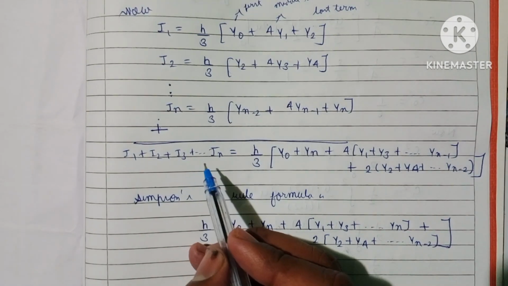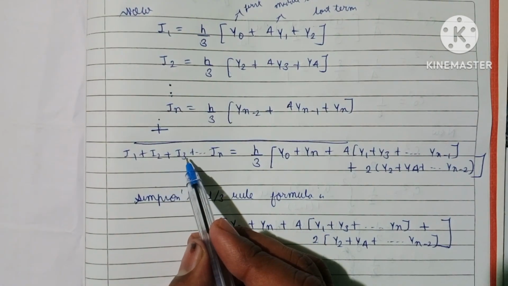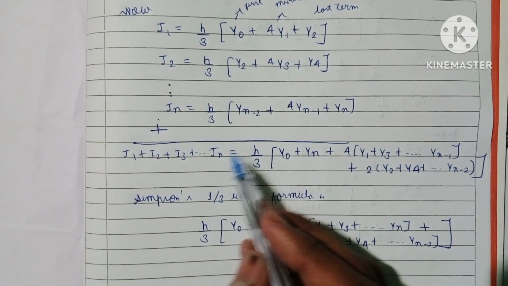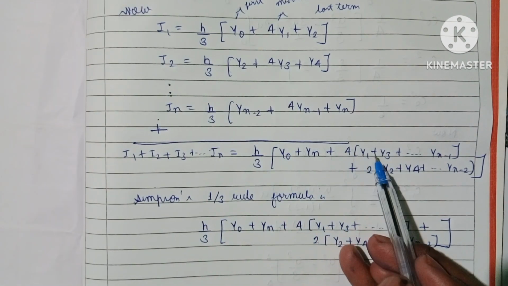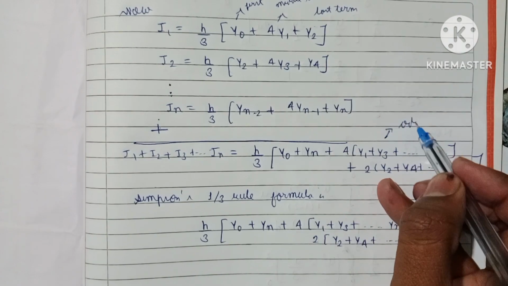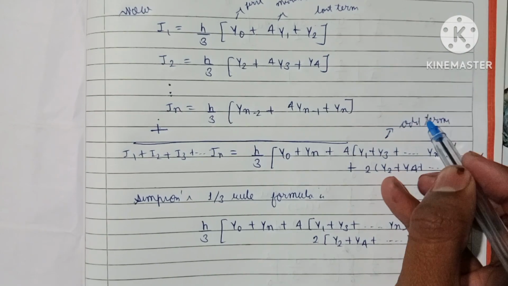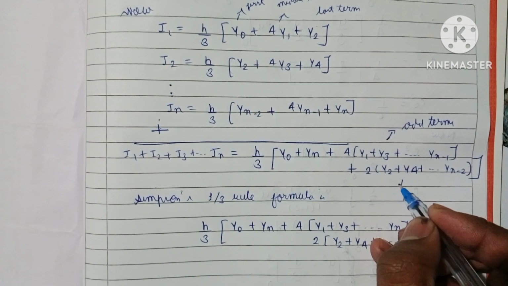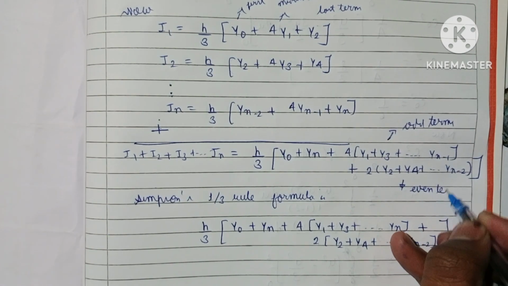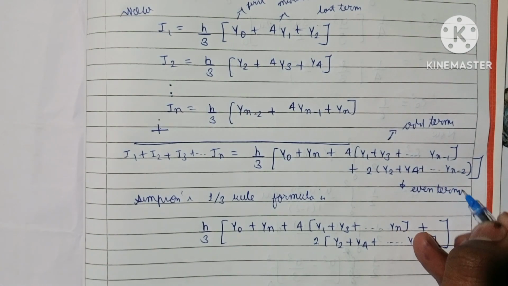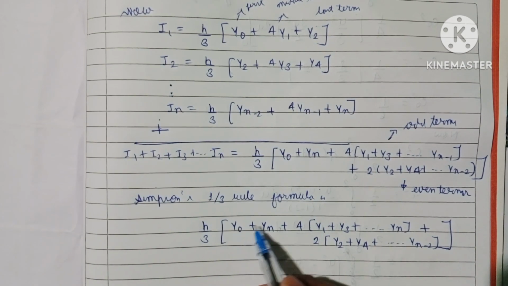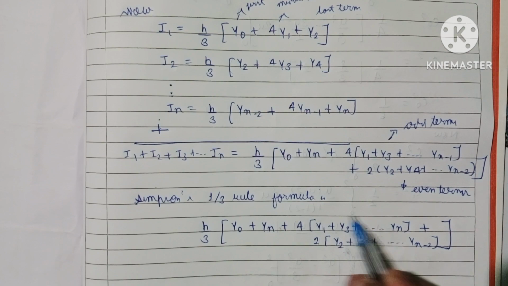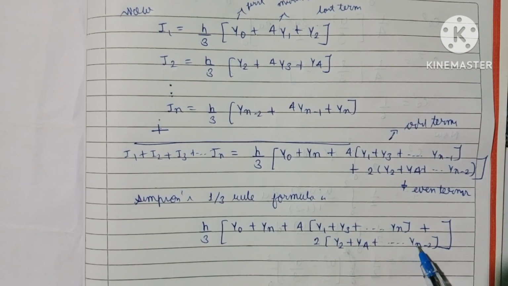Simply we get I1 plus I2 plus I3 up to In equal to h by 3 common, y0 plus y_n plus 4 times odd terms and plus 2 times even terms. So our Simpson's 1/3 rule formula is h by 3 [first term plus last term plus 4 times odd terms plus 2 times even terms].